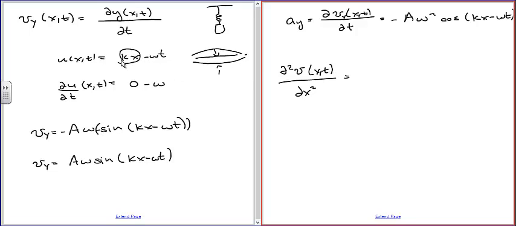You'll still get a negative because you get this second derivative situation. So you get negative k squared a times the cosine of kx minus omega t.